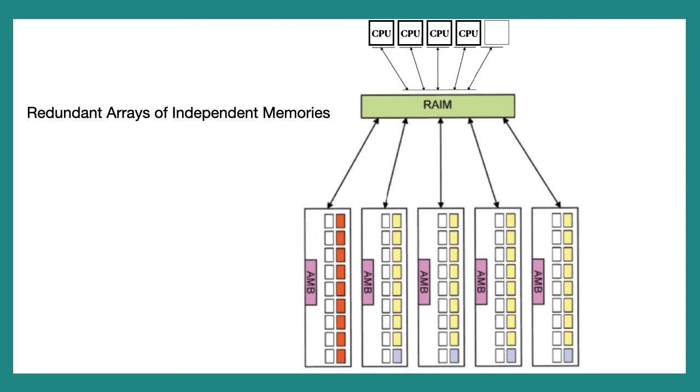So if one of them fails, the process still continues, and the data here will be reallocated to another slot. And RAIM also has parity checking and error correction code memory, or ECC memory. This particular technique is also seen in an ordinary memory controller.